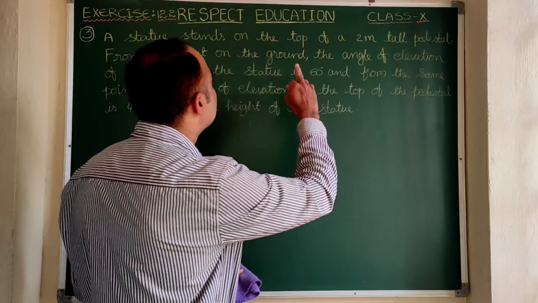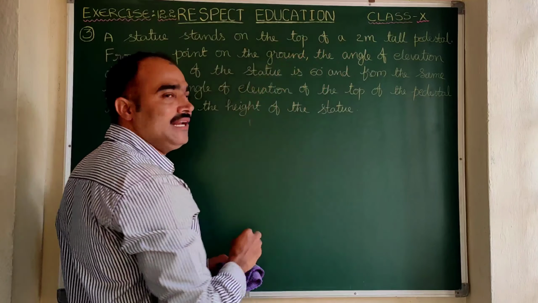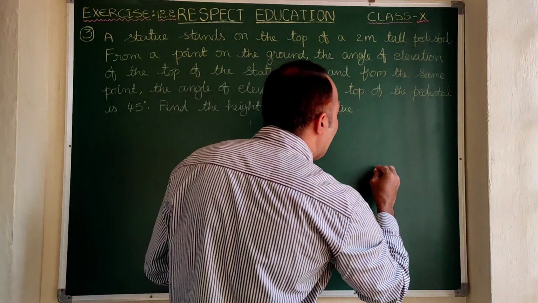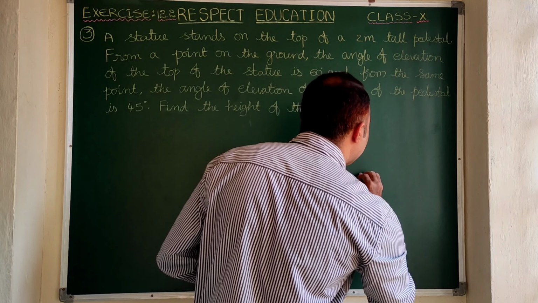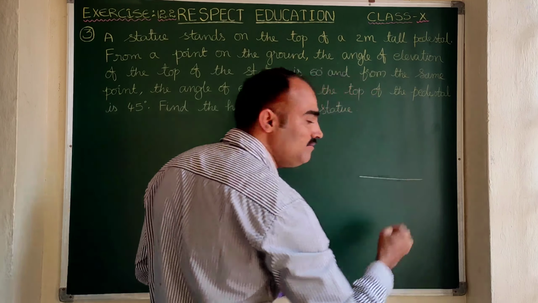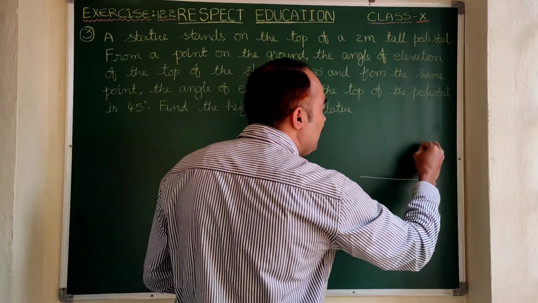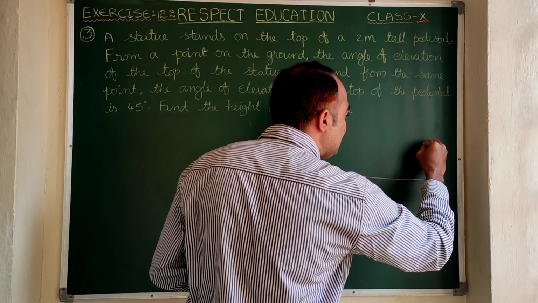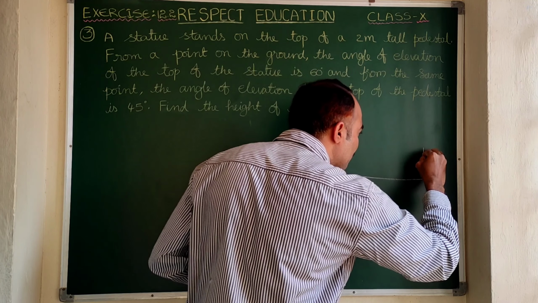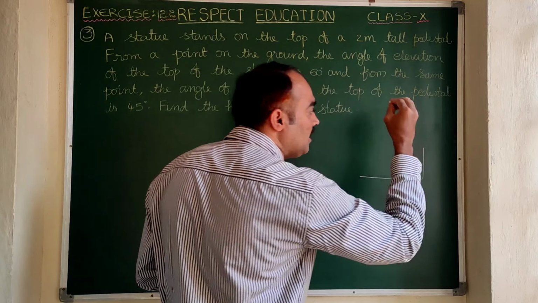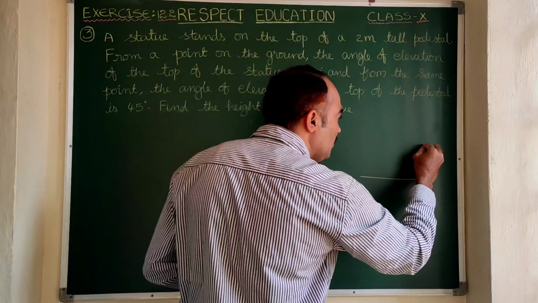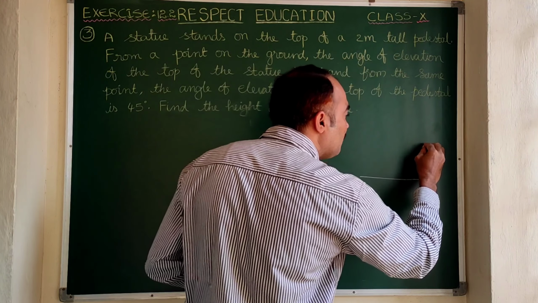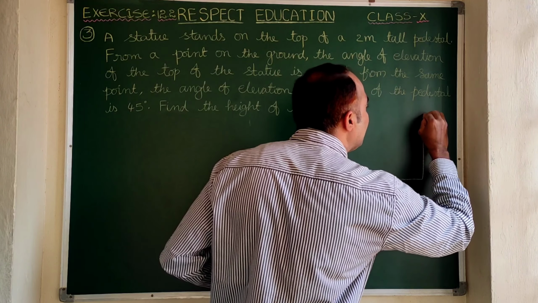Same way here, the pedestal is a base. For example, you can take this as the earth, and the pedestal is the higher surface compared to the earth. So this is the pedestal on which the statue is mounted.